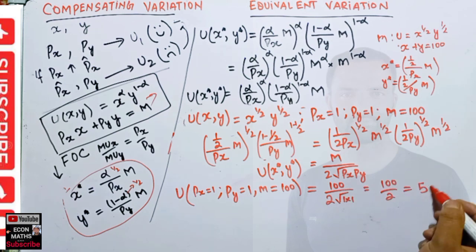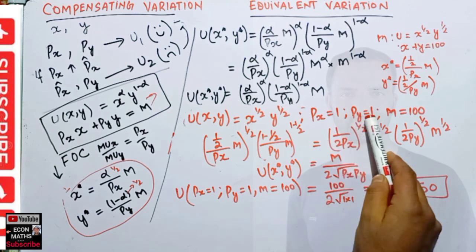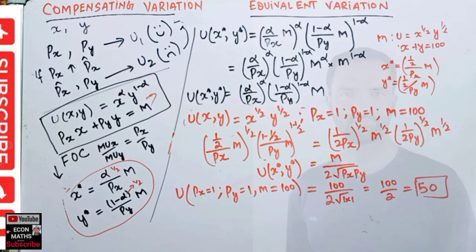That means the consumer is getting 50 utils of satisfaction when the price of x is 1, price of y is 1, and the consumer has income of $100. Consumer is getting this very level of satisfaction.